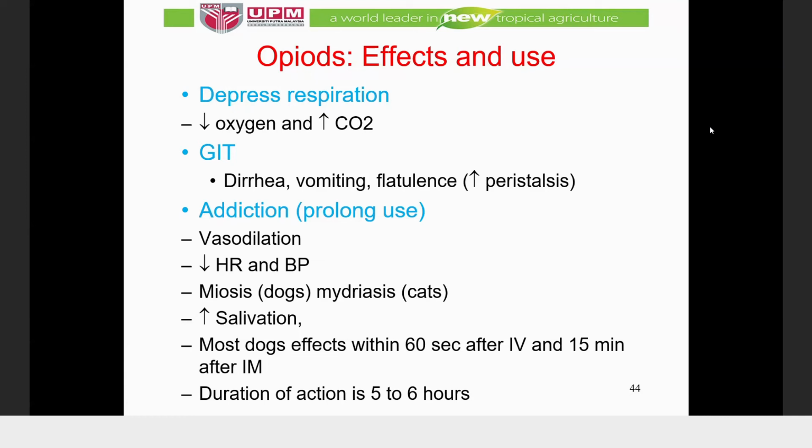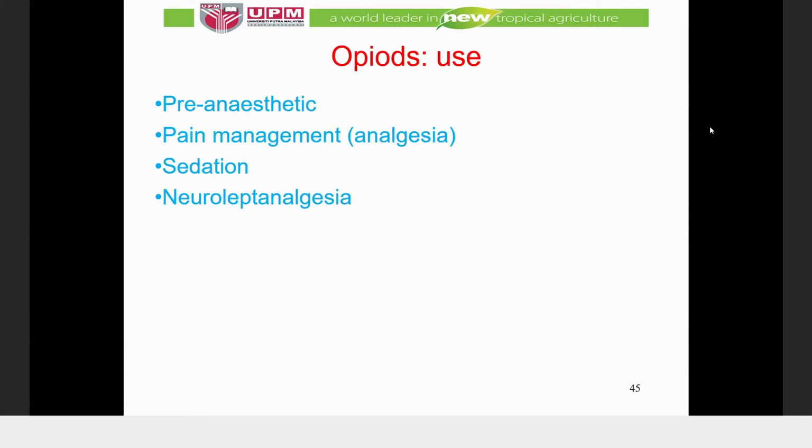So that's their duration of action. Again, as we discussed, they are a very versatile class of drugs. Uses: they can be used pre-anesthetic, that means before induction of anesthesia, for pain management, analgesia, sedation, and neuroleptalgia.